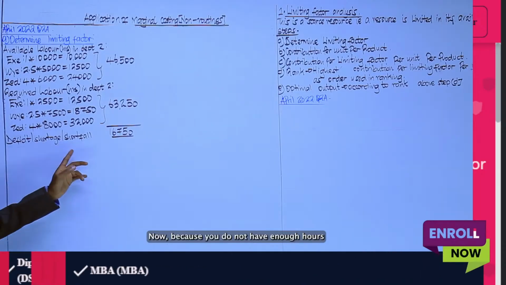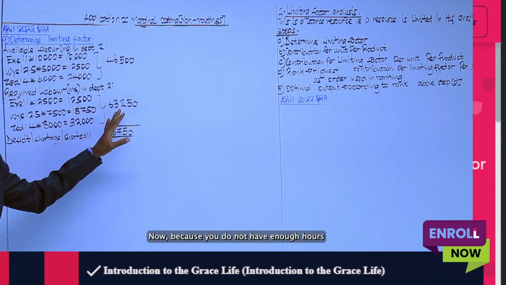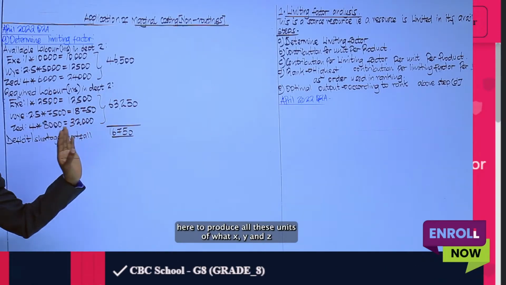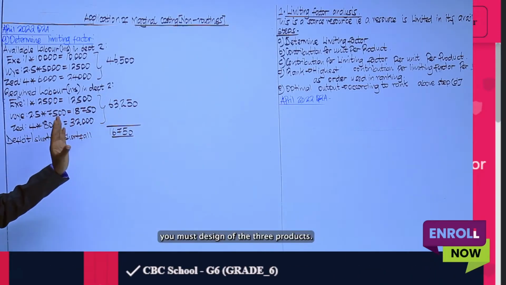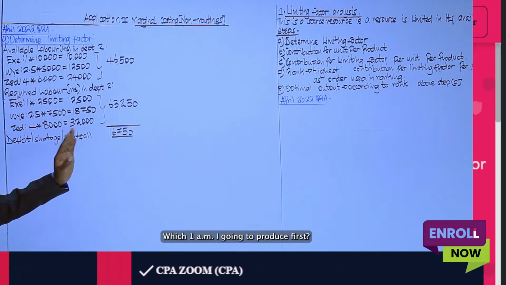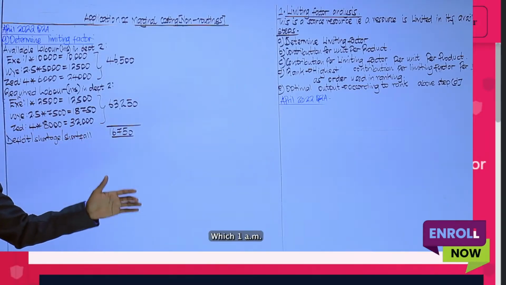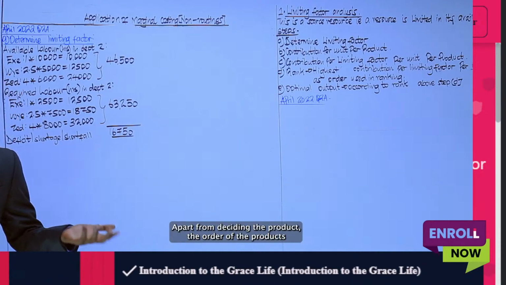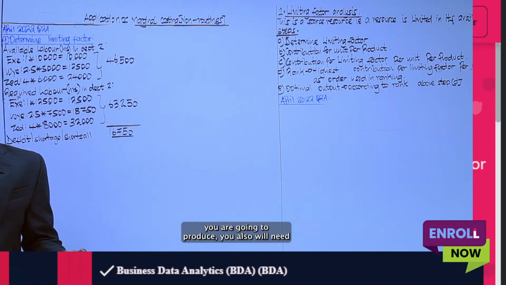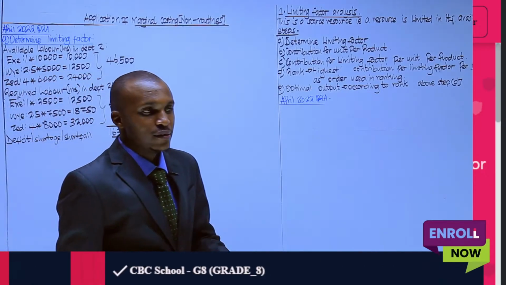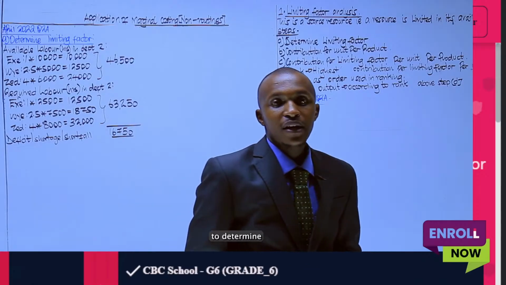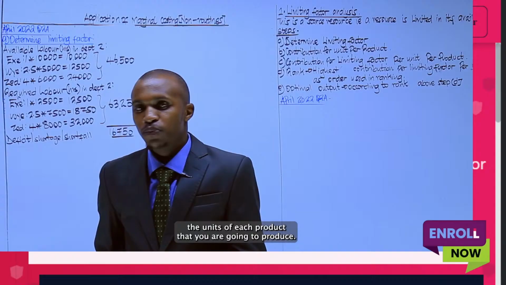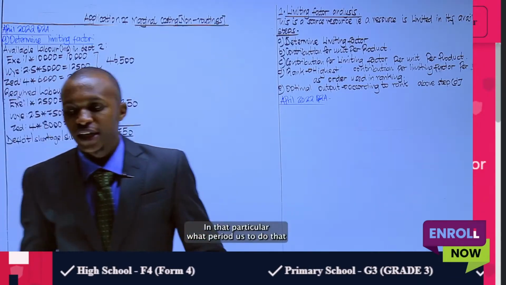Now, because you don't have enough hours here to produce all these units of X, Y, and Z, you must decide of the 3 products, which one am I going to produce first? Which one am I going to produce last? Apart from deciding the order of the products you're going to produce, you also will need to determine the units of each product that you are going to produce in that particular period.